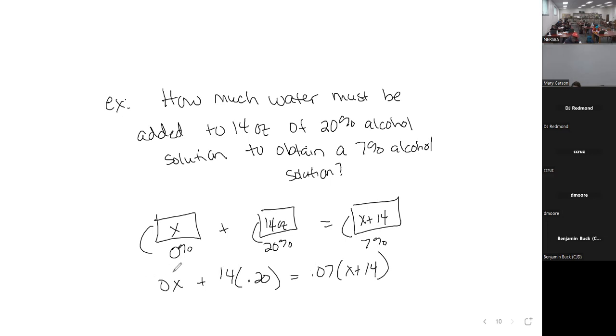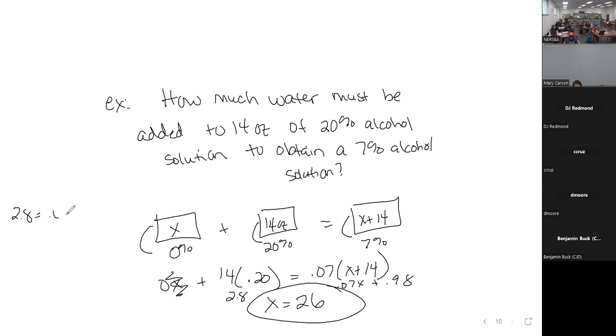That goes away, and you should end up with 26 when you solve all that out. It would be 0.07x plus 0.98. So we have 2.8 equals 0.07x plus 0.98.